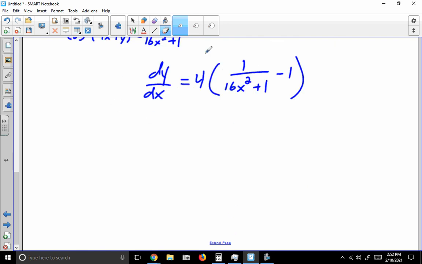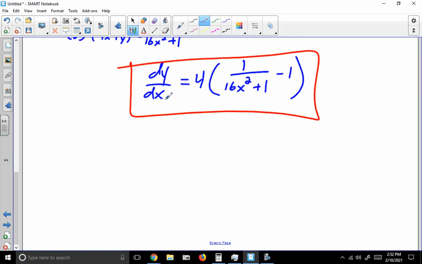So if that's our dy dx, then the question also asks, what is the slope at 0, 0? So if we substitute 0, 0 into our function, well, the way we rewrote it, we only have x's in our equation. So we have 4 times 1 over 16 times 0 squared plus 1, minus 1.